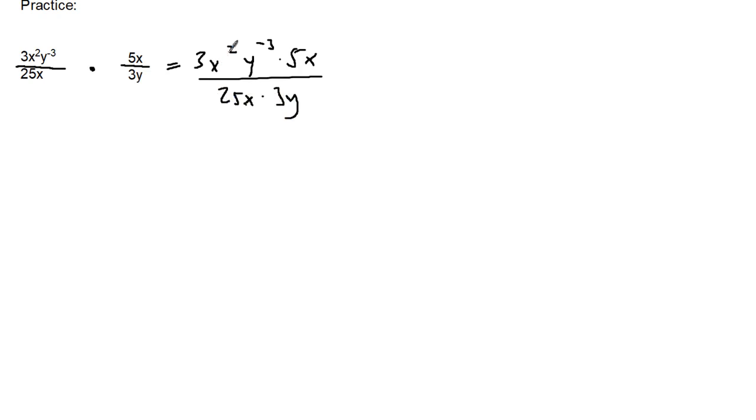The x squared and the x combine together to make x to the third, and 3 times 5 is 15, so 15x to the third. Then this y to the negative 3 actually goes at the bottom, because y to the negative 3 is equal to 1 over y cubed.